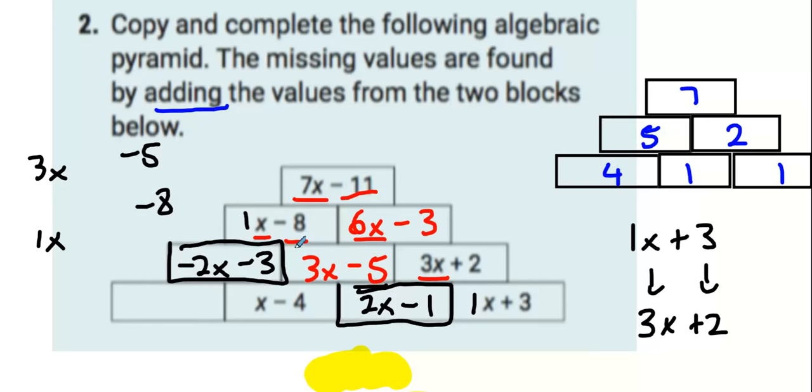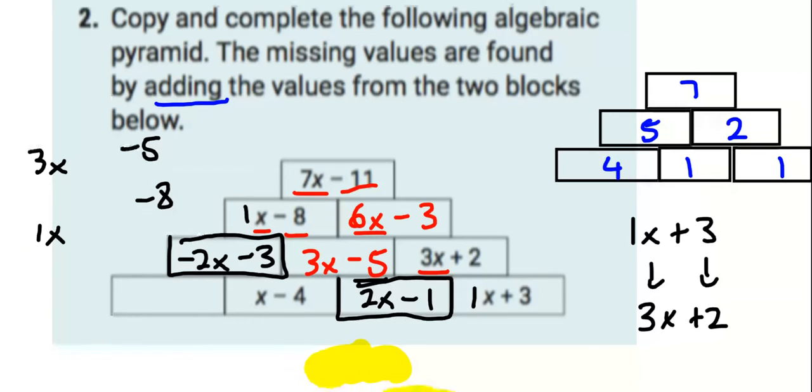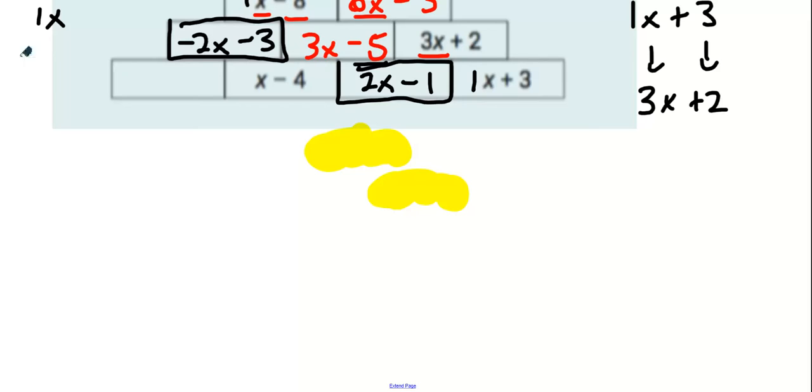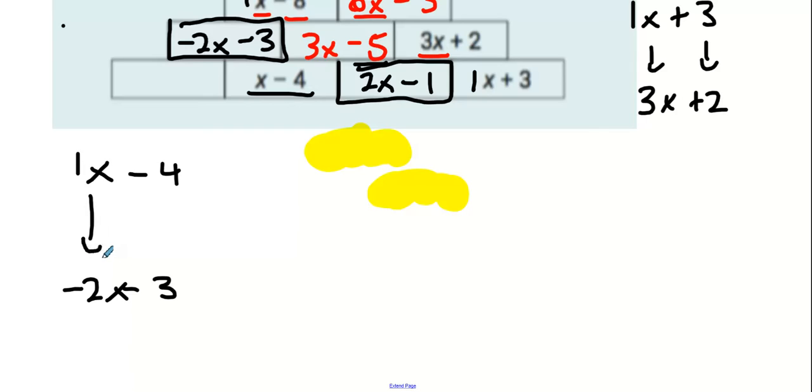You're not? Okay. Let's try this one out, all right? Do you see the x minus 4? That's your starting off point, x minus 4. See the block above it, the minus 2x minus 3. Do you see that block there? How did you go from 1x and now you owe minus 2x?